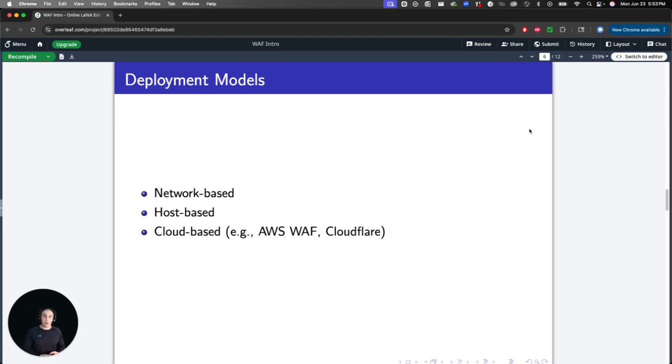Now, deployment models: there's network-based, host-based, cloud-based, right? Think about the AWS WAF that you can use to protect your cloud resources, your EC2 instances, or your database instances. Anything that has connectivity to it, you want to have a WAF configured with it to monitor that traffic and also to allow or block different traffic that's going to be interfacing with it.